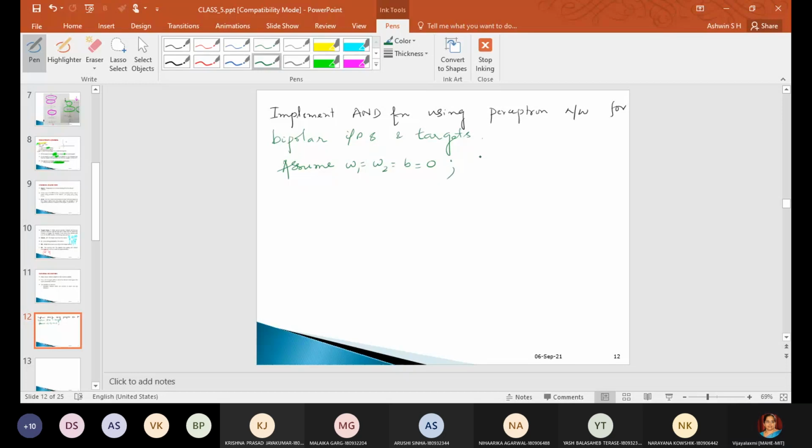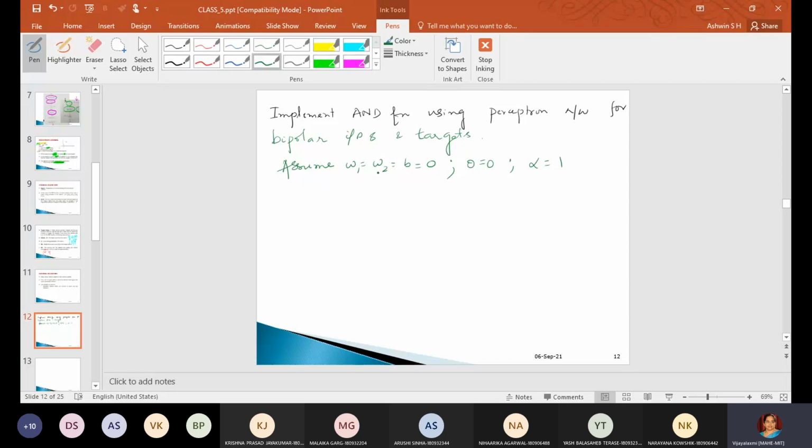Theta is 0, that is the threshold value. Then alpha, the learning rate, is 1. So this is the question. You have to implement the AND function using the Perceptron model with bipolar inputs and targets.